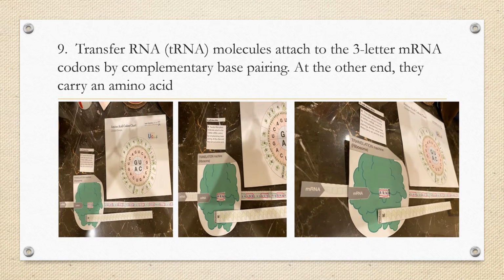Transfer RNA, or tRNA, molecules attach to the three-lettered mRNA codons by complementary base pairing. At the other end, they carry an amino acid. So, at this point, we use the amino acid codon chart. We notice that AUG codes for methionine, or M. You can see the M here in the picture.